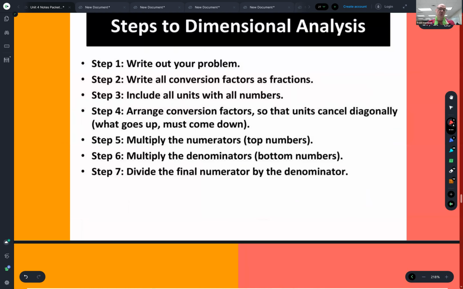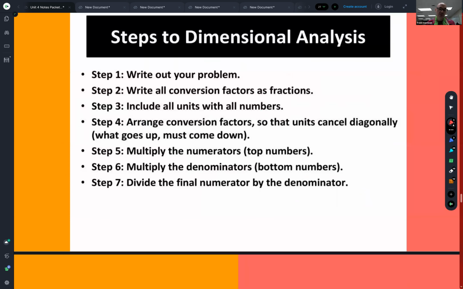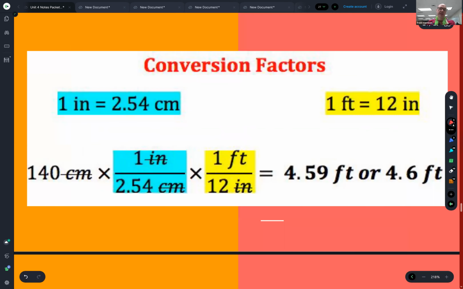If you need the actual steps in how to make these conversions, simply write out all the factors. That's the biggest key. Include your numbers with it and always arrange it so that the given amount has the cancellation unit, the same exact unit, diagonally from it. Then multiply across the top, divide by the values on the bottom.